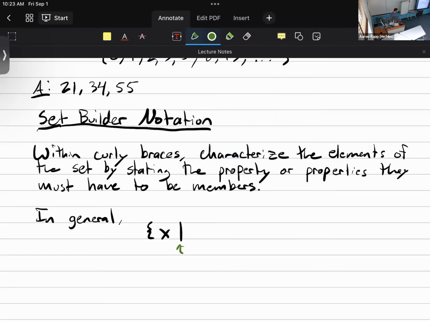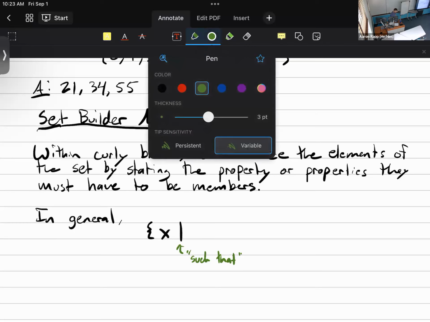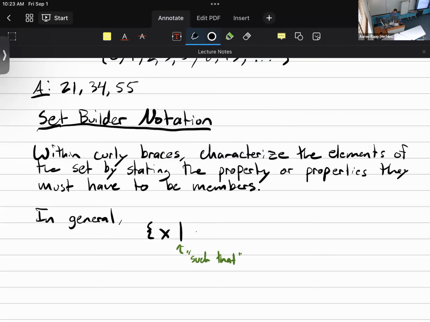Anytime I'm seeing that vertical line, what I want you to translate in your head is the statement such that. And then following that, I need to state the properties or property that I need to have on those elements.